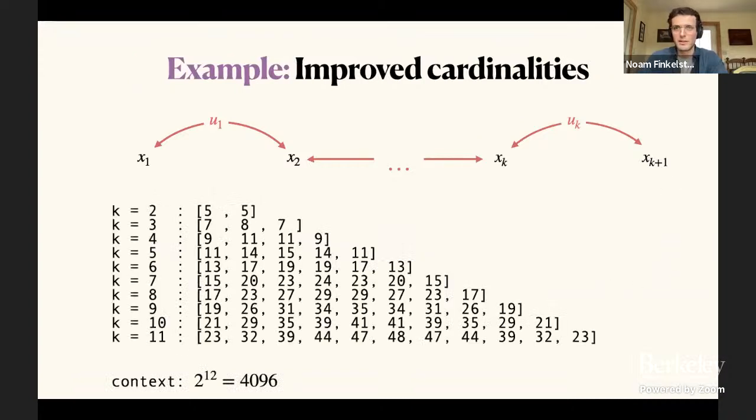If we apply the improved cardinalities based on the nested Markov parameterization idea, we get much lower numbers. Just for context, when we get to, for example, k equals 11, according to the naive bound, or the simpler bound, we would have to say each u has a non-restrictive cardinality of 2 to the 12, which is 4096.